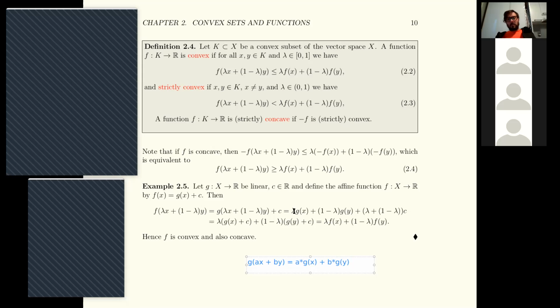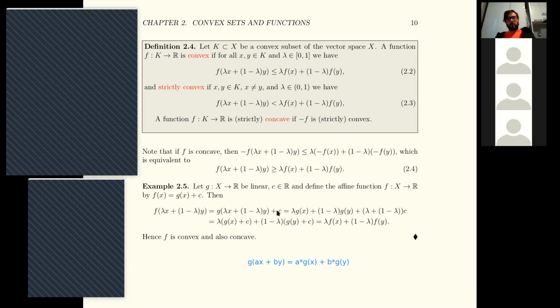And then we can rewrite this because of linearity. So here we have this g, and g is linear, so it becomes lambda g of x plus 1 minus lambda g of y.